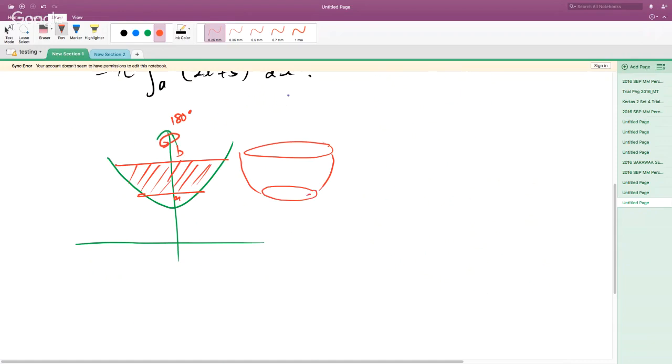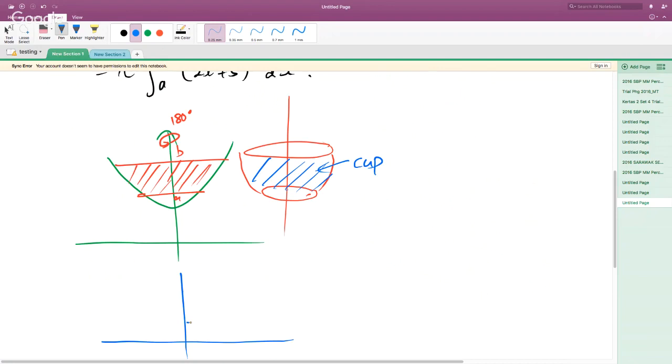So in order to rotate this one to make it look like this cup volume, they just need to rotate 180. Why? Because if this one only has one side, then in order to form the cup on the top, you need to rotate 360. But this one has another side over here.